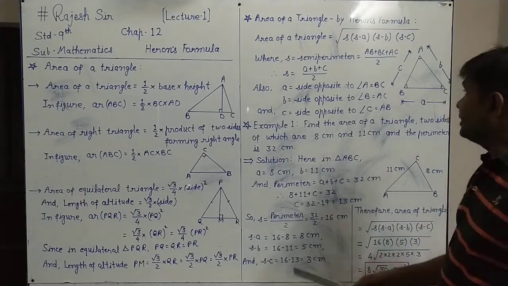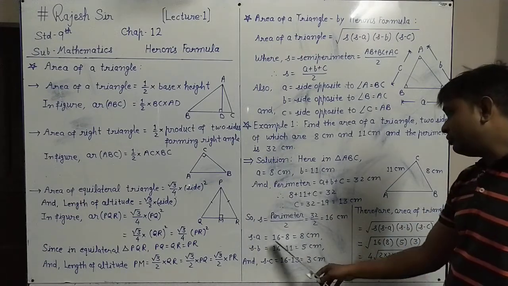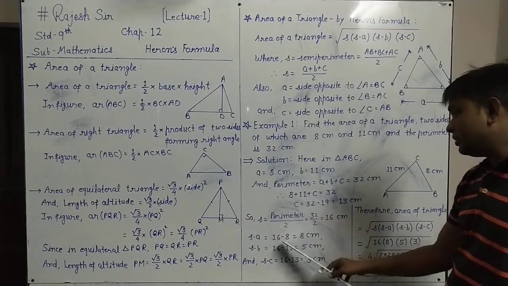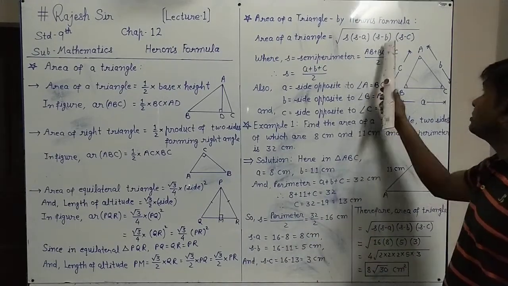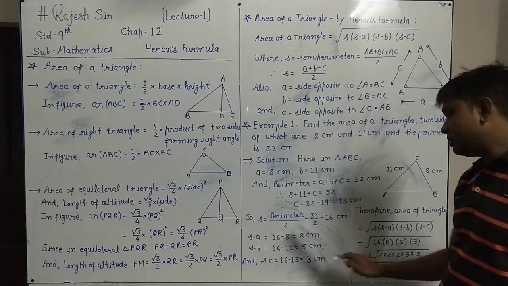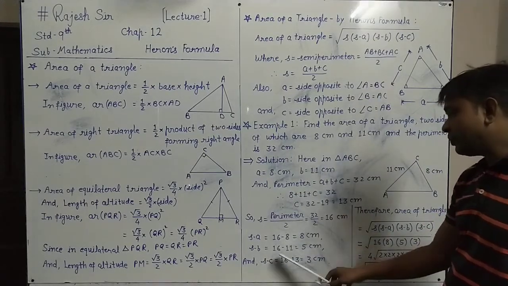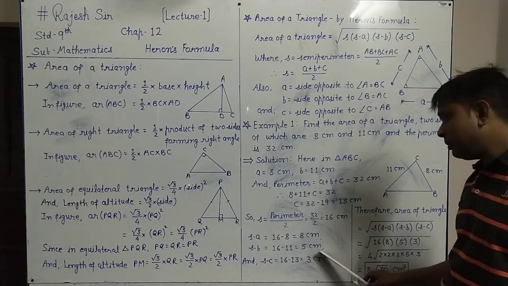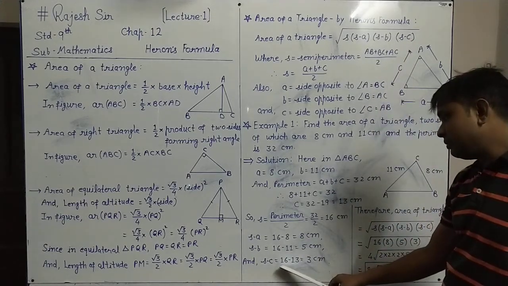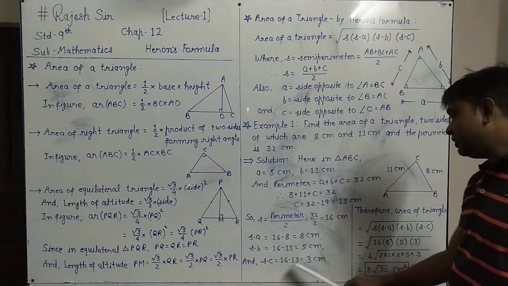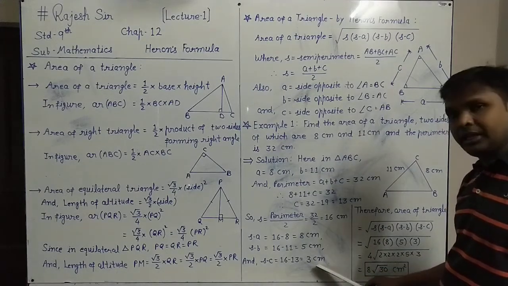S minus a: S is 16, minus a is 8, so 16 minus 8 is 8 cm. Next, S minus b: 16 minus 11 is 5 cm. Last, S minus c: 16 minus 13 is 3 cm.